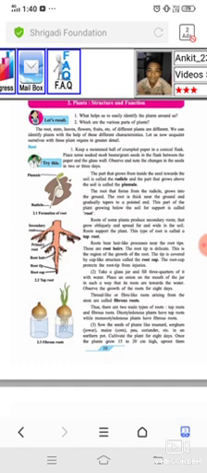Thus, there are two main types of roots: taproots and fibrous roots.